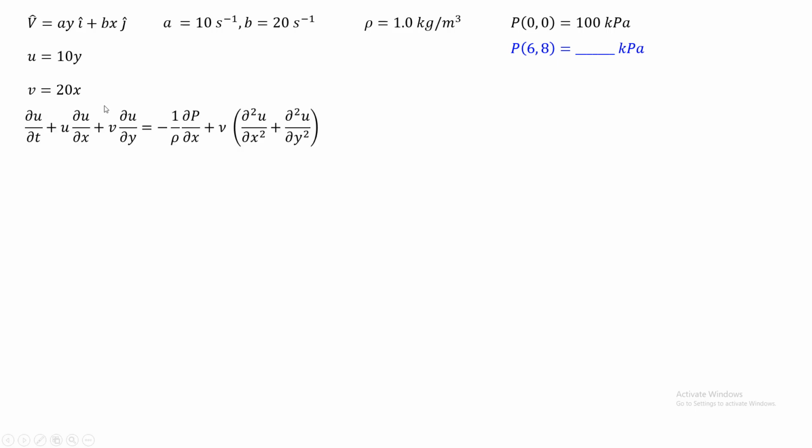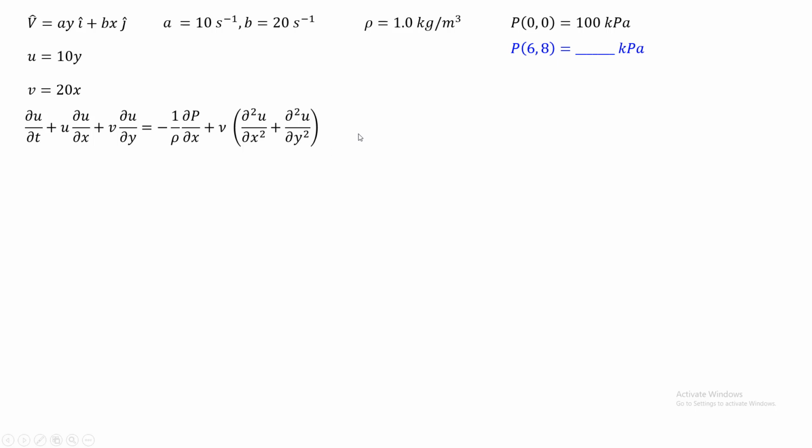Now let's use the x momentum equation in two-dimensional form. Since we have only two velocity components, we don't have the velocity component in the z direction. We'll just ignore the z components, which will anyway become 0, in the Navier-Stokes x momentum equation.